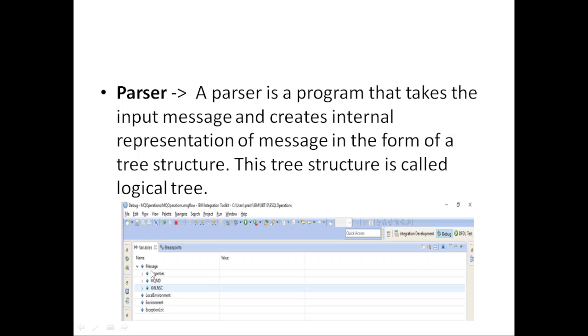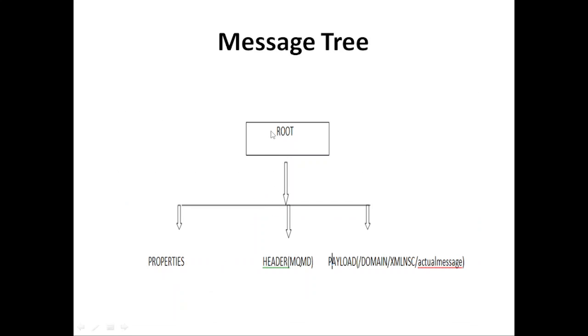So we have the root, under it the properties, then the MQMD, and then the XML payload. The payload can be any domain, any XML or actual message. Consider this the first, this the second, and this the third, in serial order.